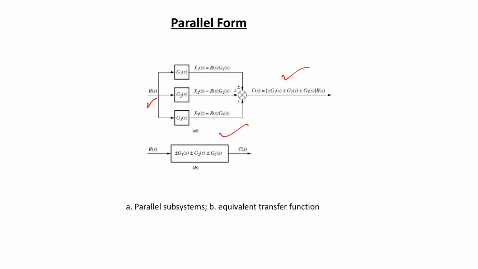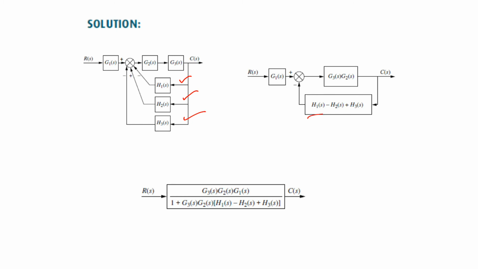So we can use same here also, that is we sum all the 3. Since we have negative, positive and negative, we have used here positive, negative and positive because the summer that we have used is negative. If we have used here plus sign, then it would be minus, plus and minus. Since we have used negative sign, it is positive, negative and positive.